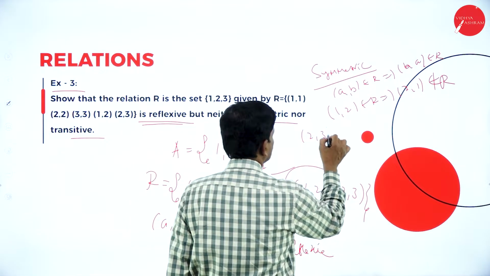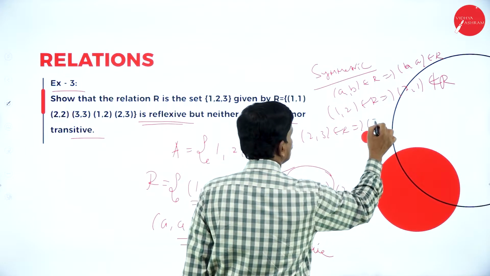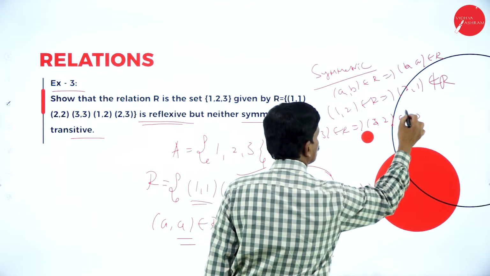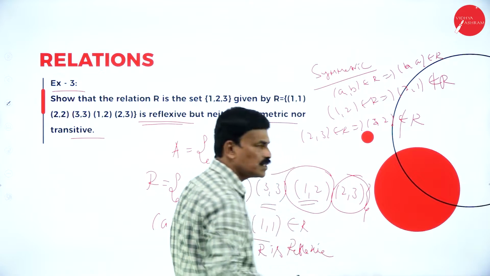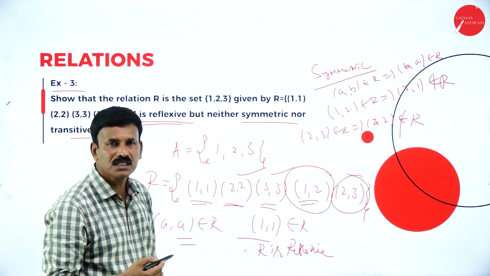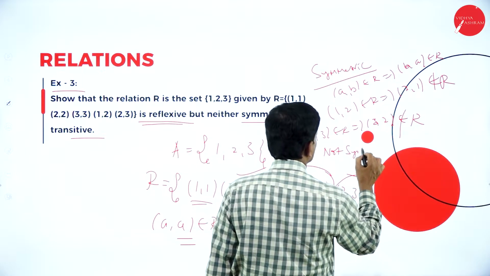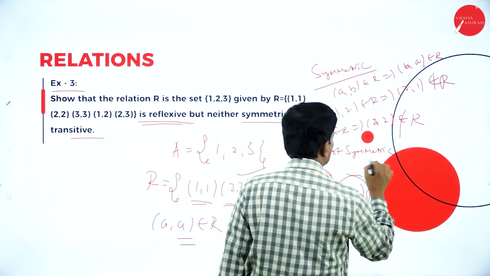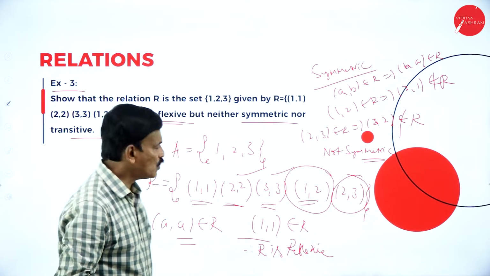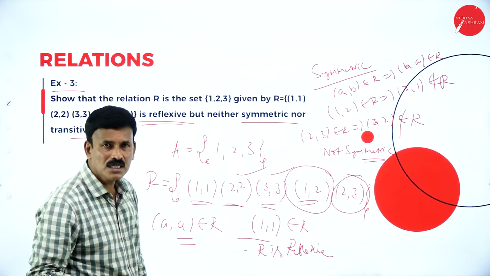Similarly, (2,3) belongs to R implies (3,2) does not belong to R. This (3,2) is also not there in the given relation. Therefore, R is not symmetric. So, R is reflexive, not symmetric.